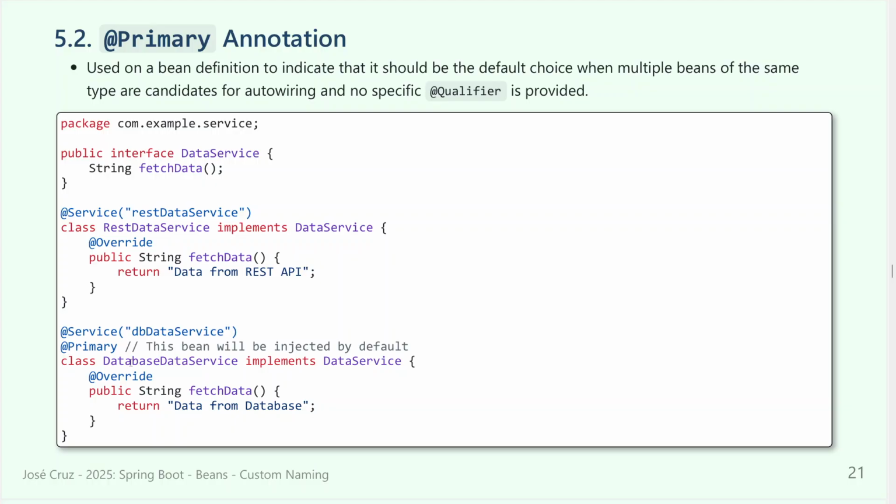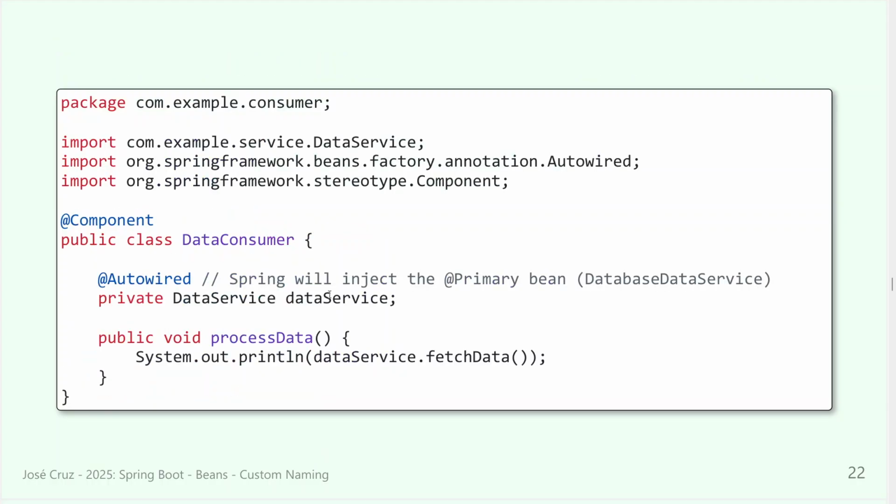Every time there is an ambiguity, Spring Boot will find the primary and will use the primary. And then you can inject the new one, for instance, using the qualifier. Since the primary always prevails on the data type, for your new code you use the qualifier to find the REST data service. That's one of the uses of the primary that works quite well with the qualifier in this kind of scenario.